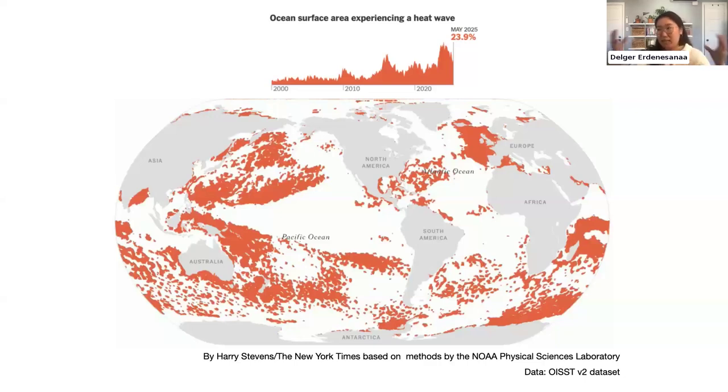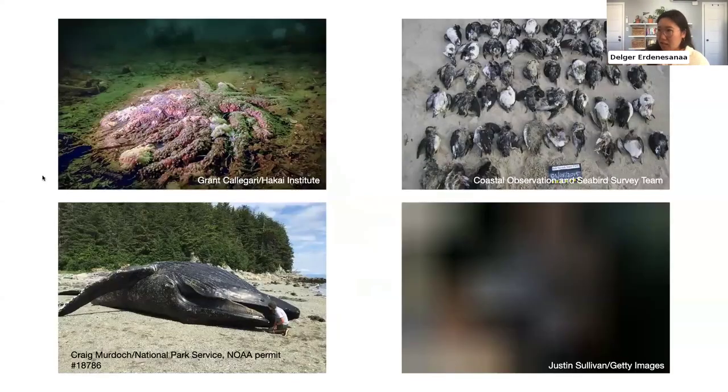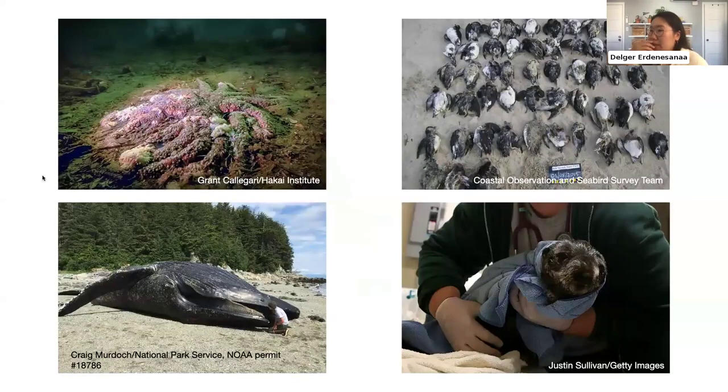And the extent of this heat wave on the map was just so big that people started calling it the blob. And these creatures that you see in these photos are all victims of the blob in some way. For example, sea stars wasted away from this terrible disease.